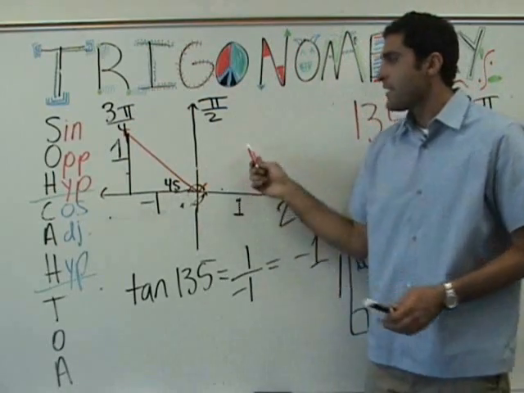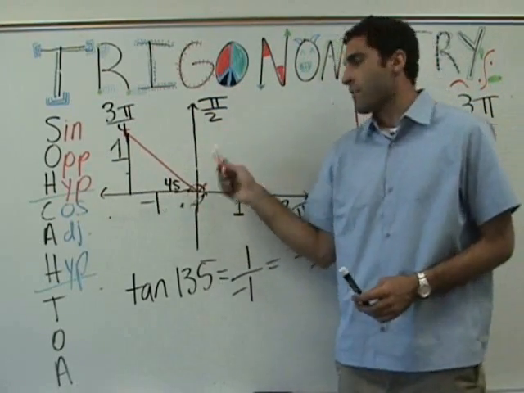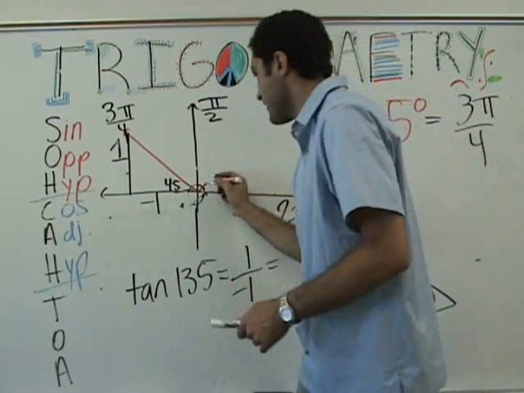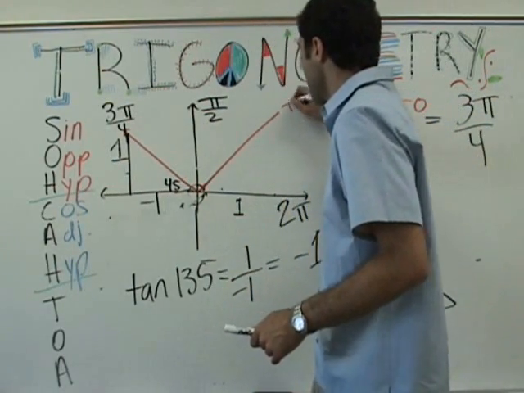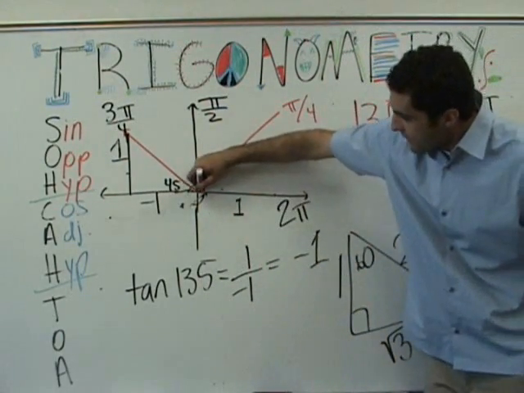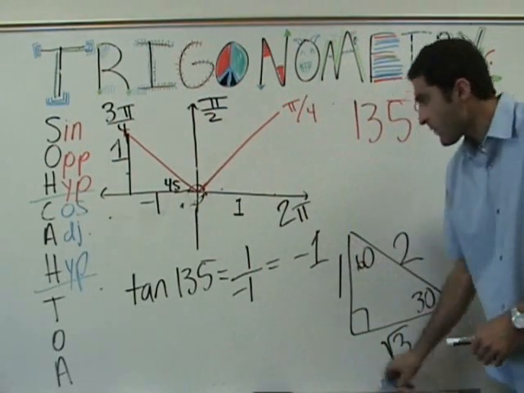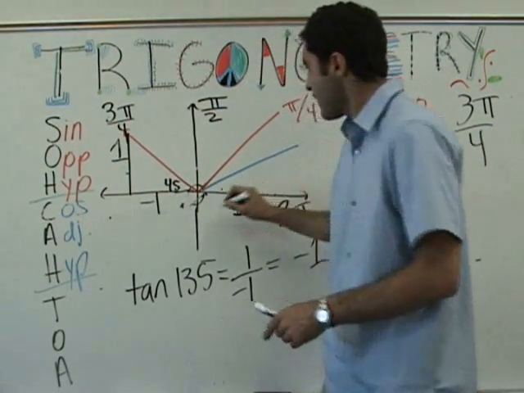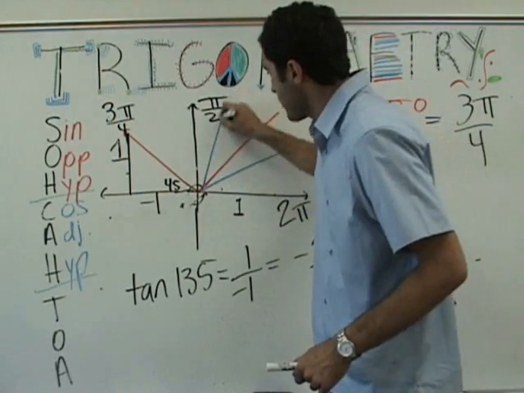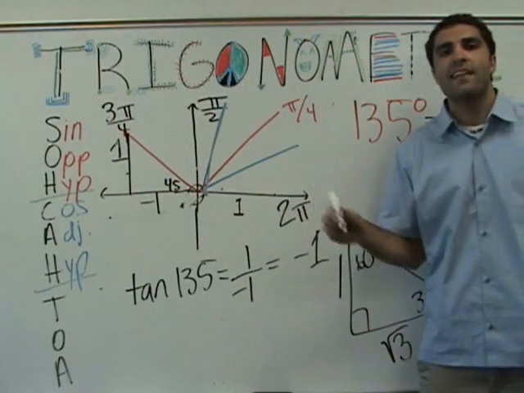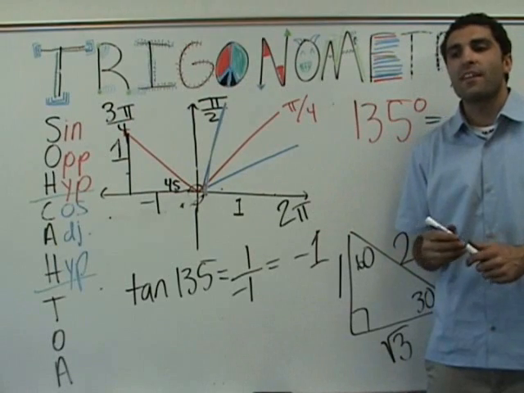I'm going to tell you that each quadrant is split into 3 distinct lines. The first line we did, this one, is pi over 4. The next we have is 30 degrees, right here, and 60 degrees. So how many pi is 30 degrees?